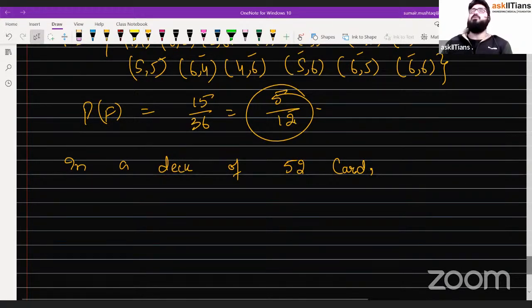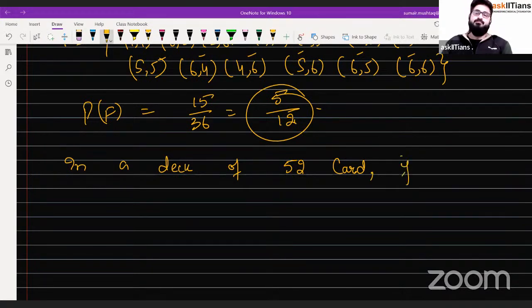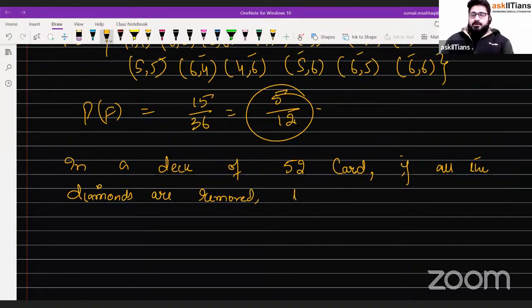In a deck of 52 cards, if all the diamonds are removed, then all queens are also removed.